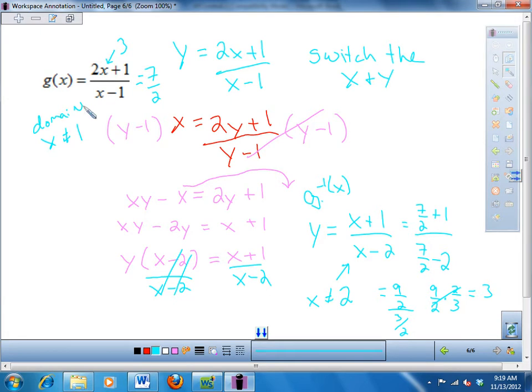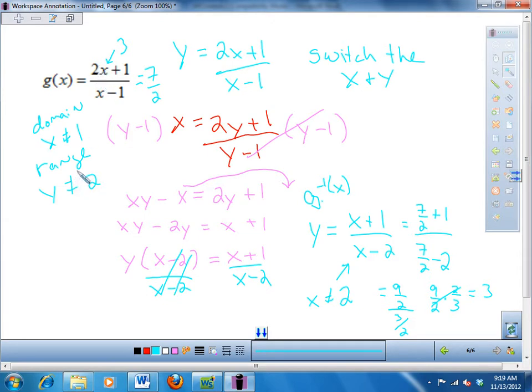So the domain of this function is x is not equal to 1, and the range is y is not equal to 2. Right? And if you remember from the very beginning of this year, this thing has a horizontal asymptote. Where does it have a horizontal asymptote? At y equals 2, which would make sense.